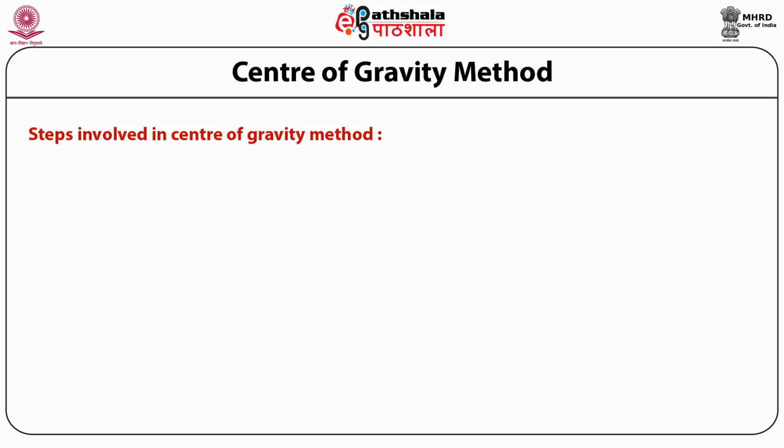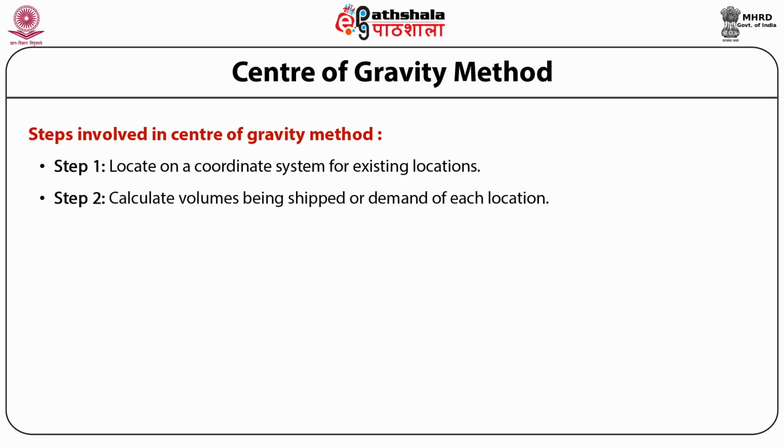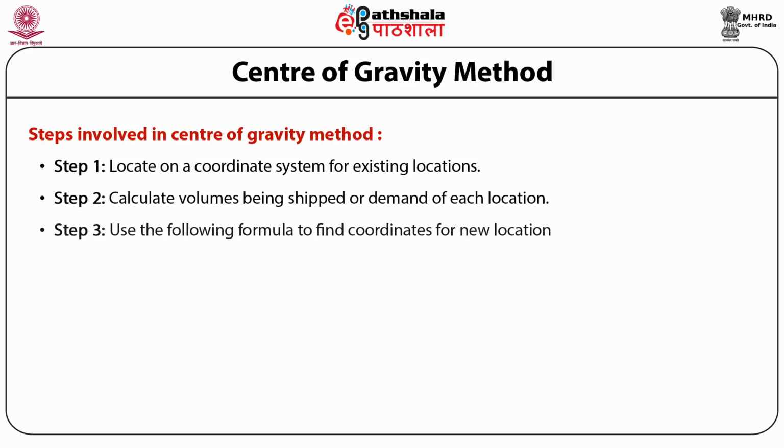The following steps are used in the center of gravity method for evaluating location alternatives. Step 1. Locate the existing locations on a coordinate system. Step 2. Calculate volumes being shipped or demand of each location. Step 3. Use the following formula to find coordinates for the new location.